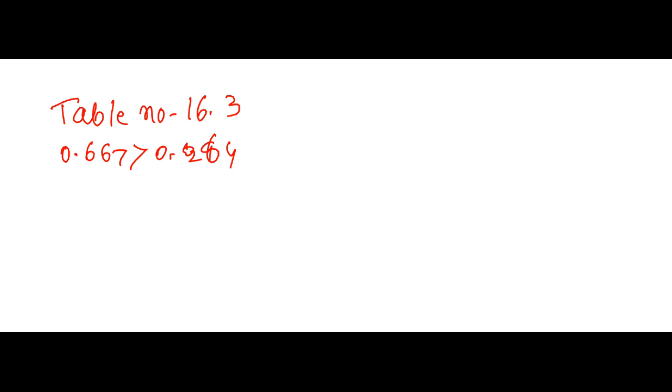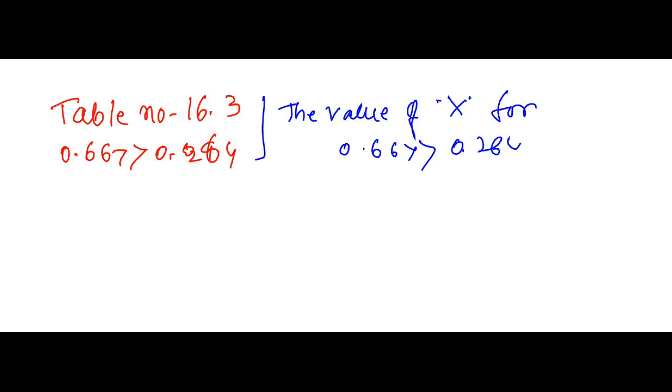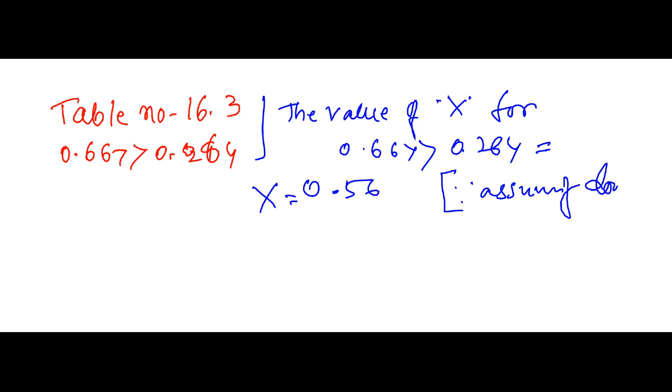Now the value of Y, sorry, first we'll go for X. The value of X for 0.667 greater than 0.264 is 0.56. Okay. So right here, not assuming, you will get only double row bearing here.